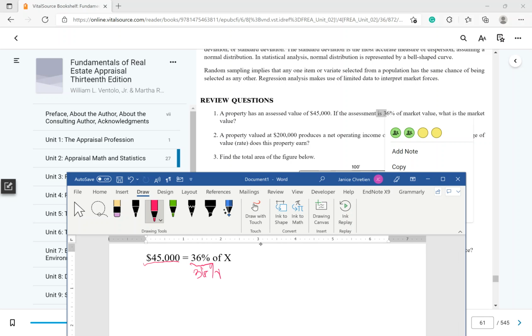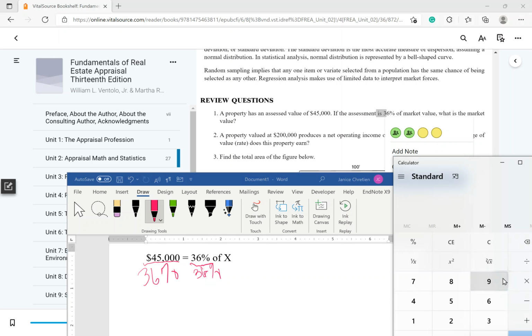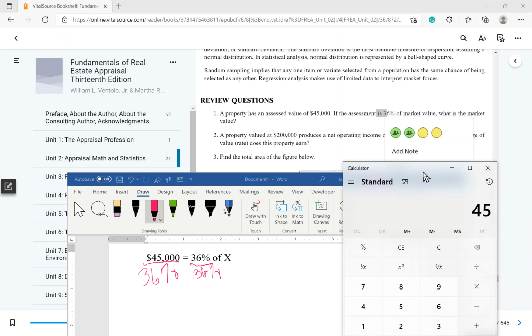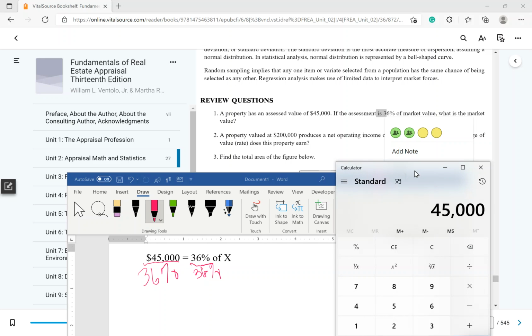Sorry for the squiggles. I'm writing on my Surface Pro. So that is simply going to be 45,000 divided by 0.36, or I could do 36%. Either way, it's going to work.